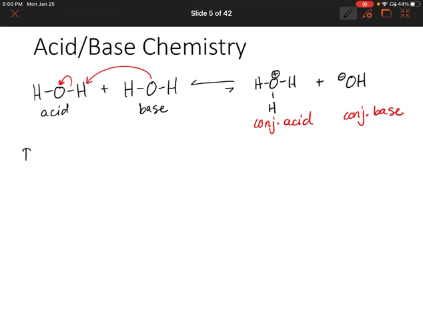So you might recall that the pKa value of water is 15.7, or around 15 is fine. And then the pKa of the hydronium ion is negative 1.7. So which one is more acidic? So remember, a lower pKa value means a stronger acid, so the hydronium ion is more acidic.